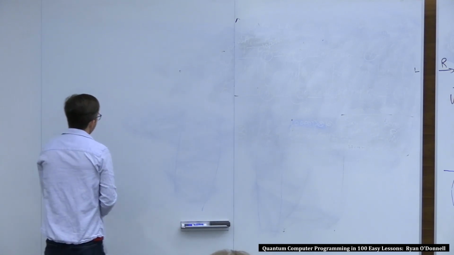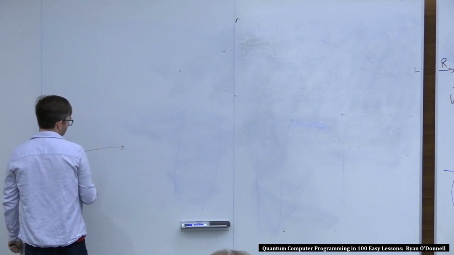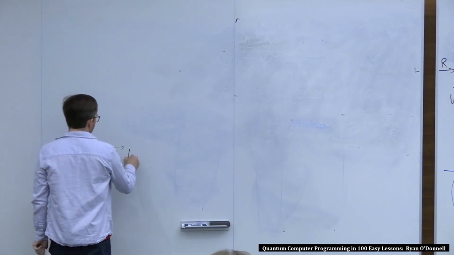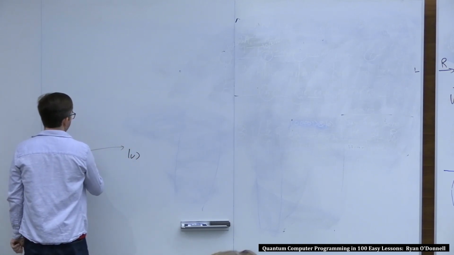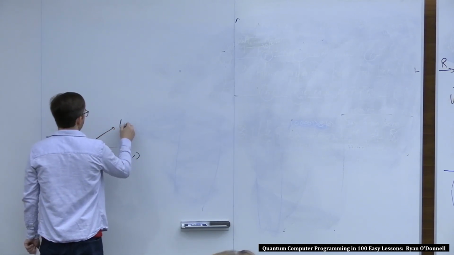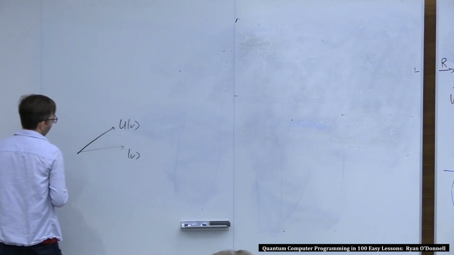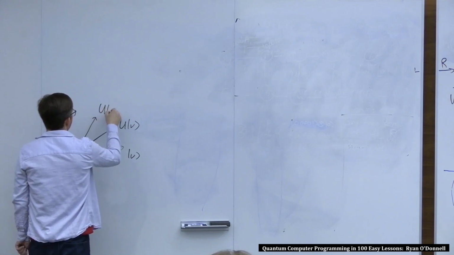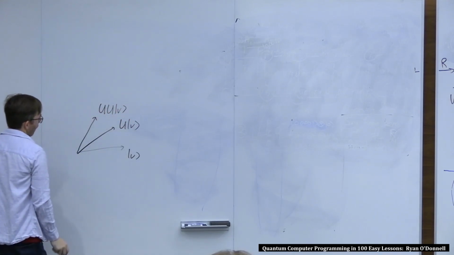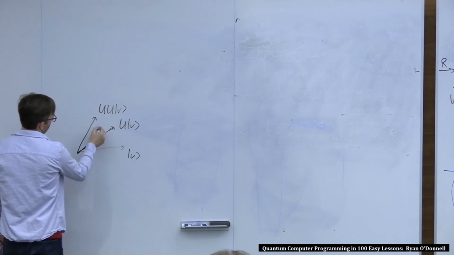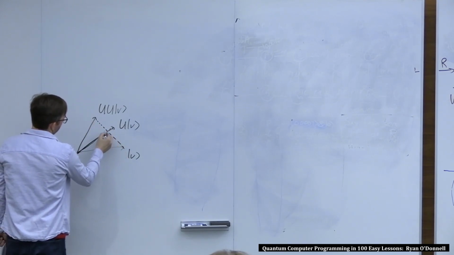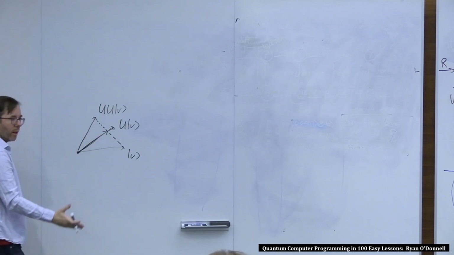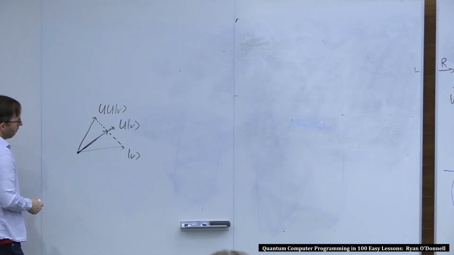And the way I told you can check it actually is, if you take this vector, sorry, this marker is not very good. Take this vector, call it v, and then you apply some unitary u to it, and you get uv. And then you apply it again to get u squared v. If this middle vector is parallel to the average of these two vectors, or parallel to the sum of these two vectors, that's exactly the case where everything is happening in a 2D plane.